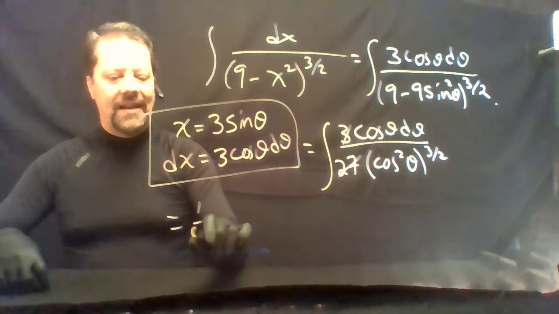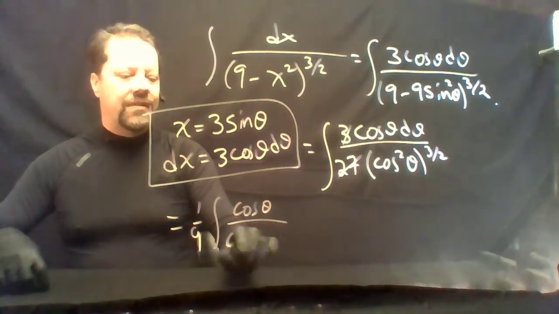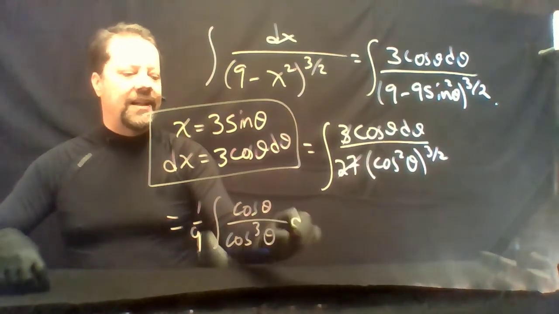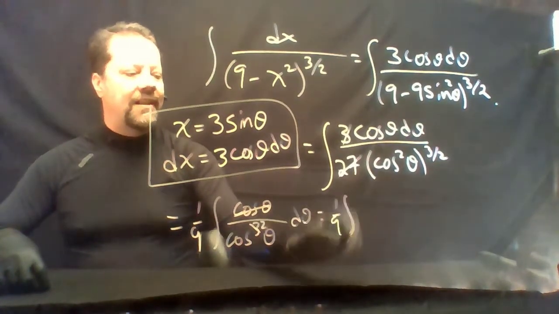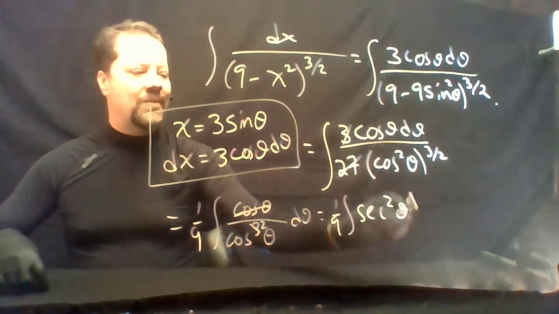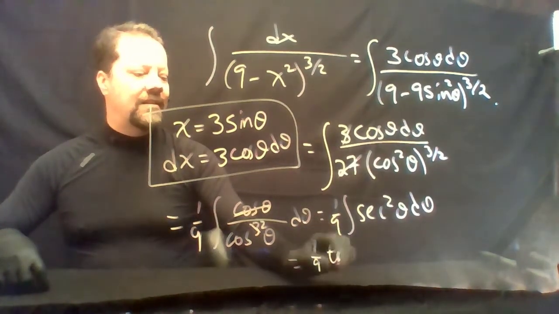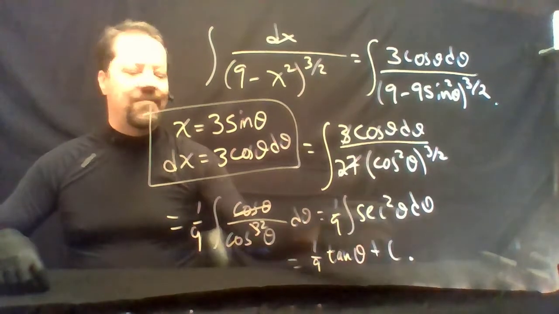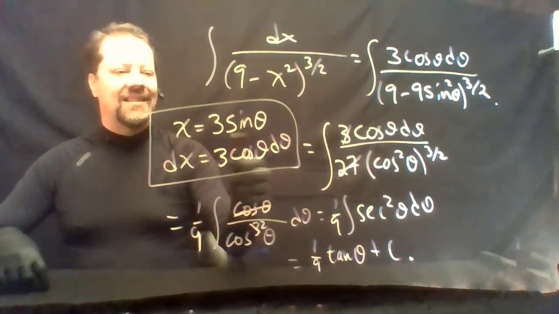I'll write this as 1/9 the integral of cosine theta over cosine cubed theta d theta. We'll have 1/9 the integral of secant squared theta d theta, and that's 1/9 tan theta plus c.